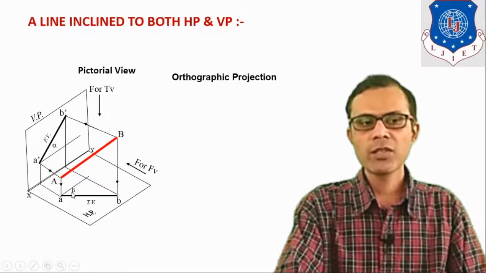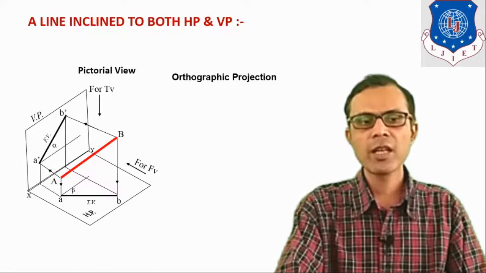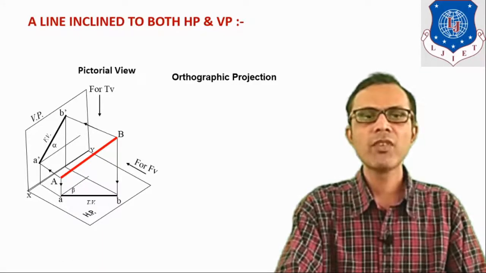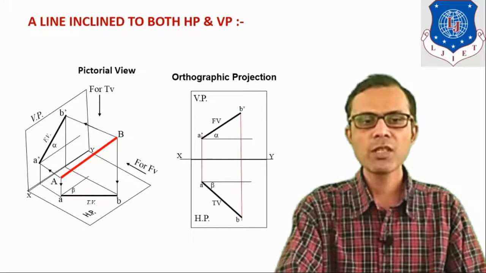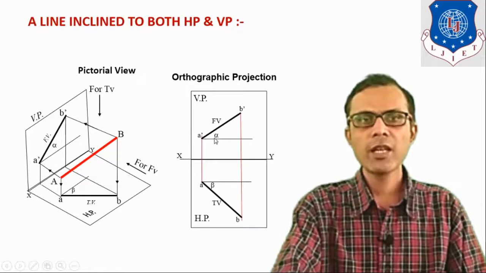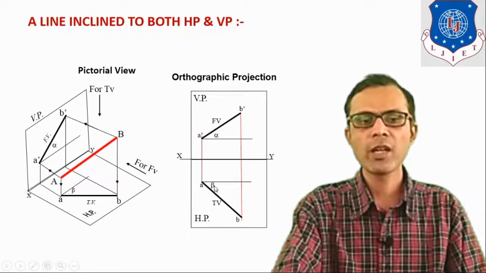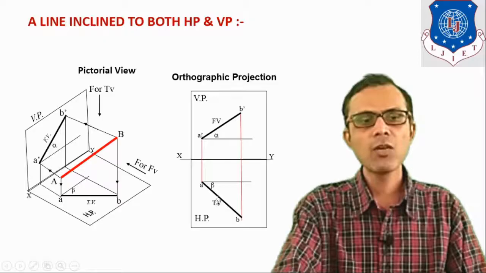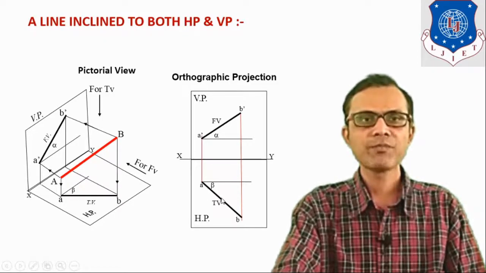It is known as the apparent inclination angle of the top view with VP. For orthographic projection, you can see here A dash B dash with inclination angle alpha, and from that the projection is taken, and AB is the top view, and beta is the apparent angle of the top view with VP.